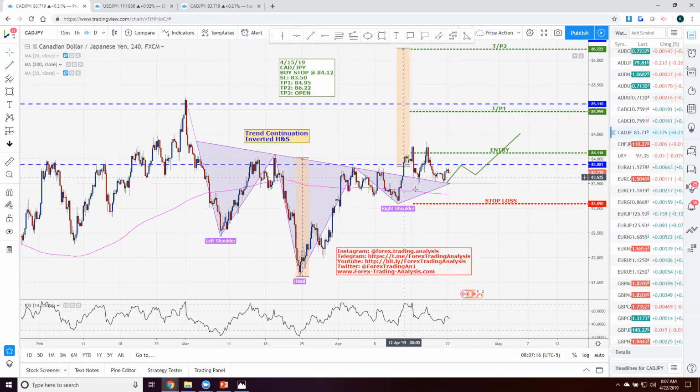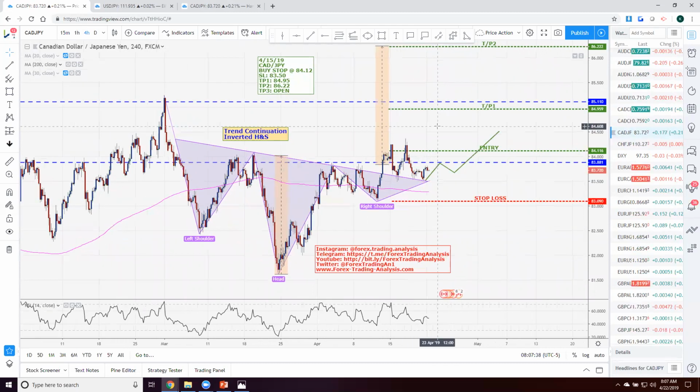Originally had my stop here below this candle, but the pair just kind of bounced around. It took a shot at moving higher, ultimately failed, came back down. So I ended up adjusting my stop lower below the right shoulder, still respecting this neckline. So I'm still in the trade, watching to see what it does.